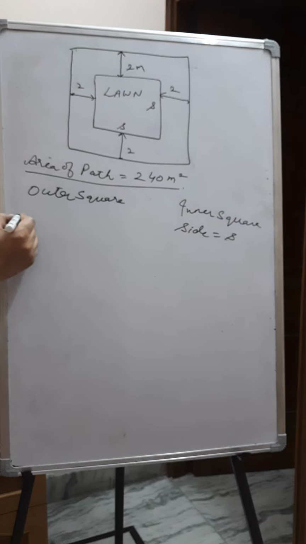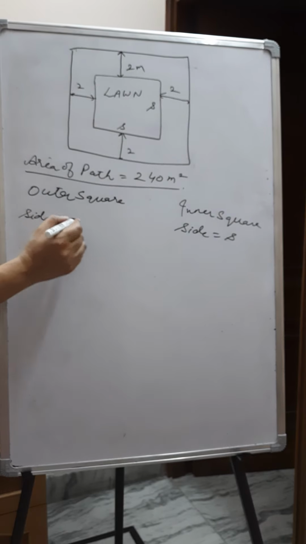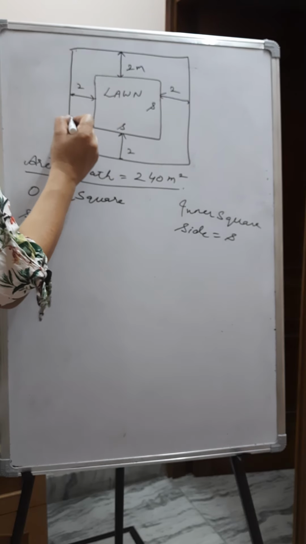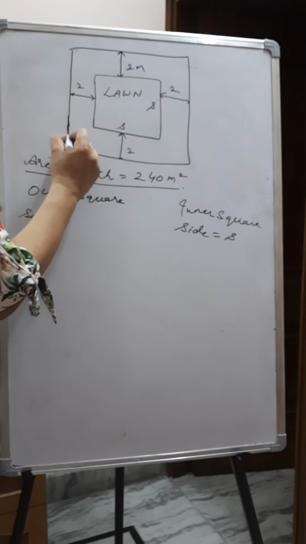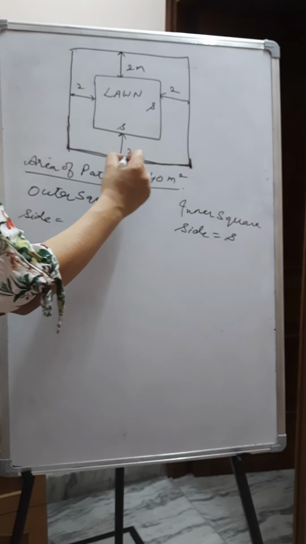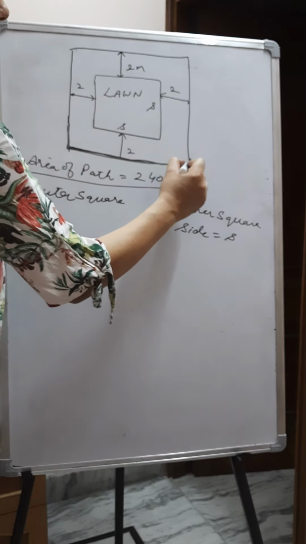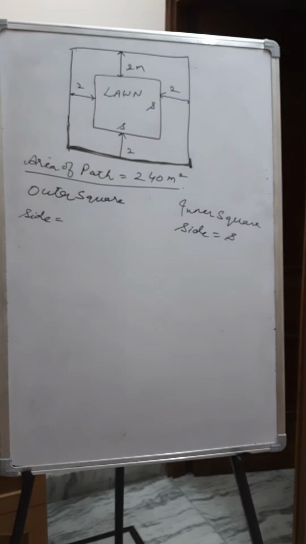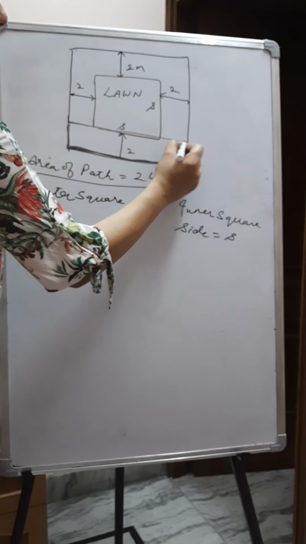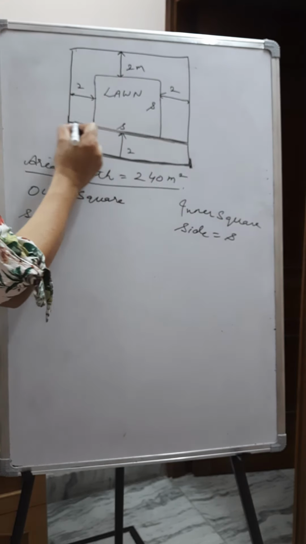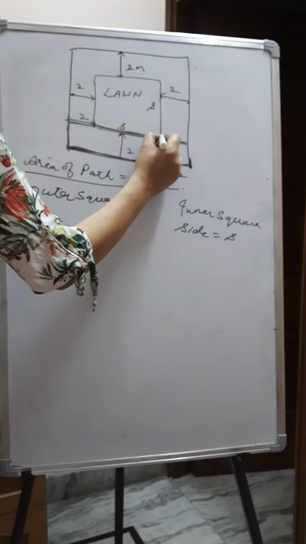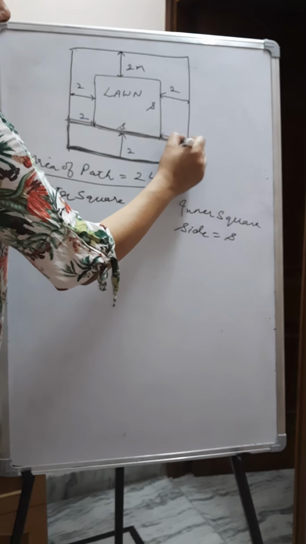For the outer square, the side is from this point to this point. Full distance is the side length of the outer square. Now this distance is 2, this distance is s, this distance is again 2.